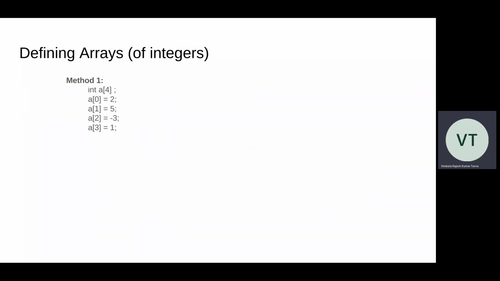Here, will you get A of 4? No, because there is no index called A of 4. It ends at 3. For an array of size n, the index runs from 0 to n minus 1. For an array of size 4, the index runs from 0 to 3. So don't get confused. When you see this kind of thing, always be clear: is it referring to the index or is it referring to the size?